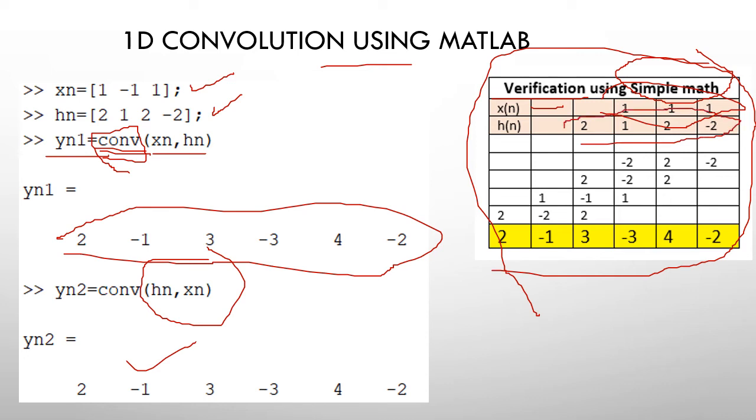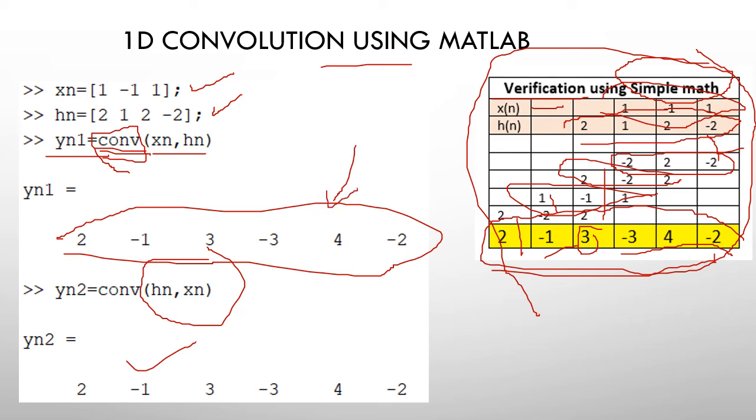Then they multiply with the samples and write down the intermediate products. Then you add them. This is 2, this is 1 minus 2, that is minus 1, 2 minus 1 plus 2, that is 3, and similarly you can calculate the other values. You see that this result is the same as that of Matlab. So we have verified this.